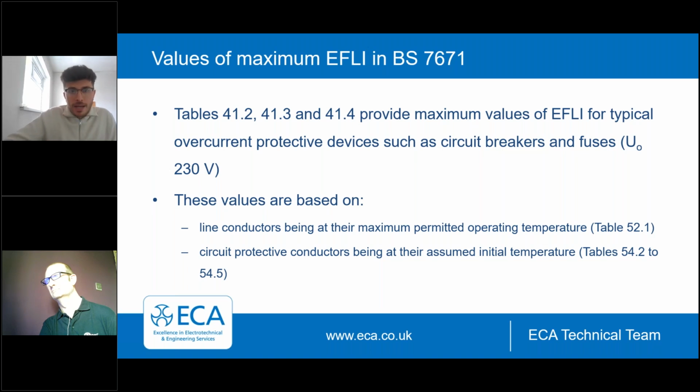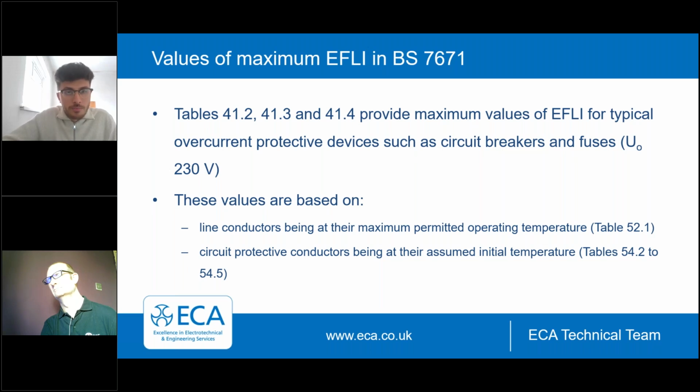Now, these maximum values of Earth Fault Loop impedance are based on some specific circumstances. And this information is listed within the notes below the table, which of course provide further guidance. And it tells us that the values within these tables are based on the line conductors being at their maximum permitted operating temperature. And that's as per Table 52.1.